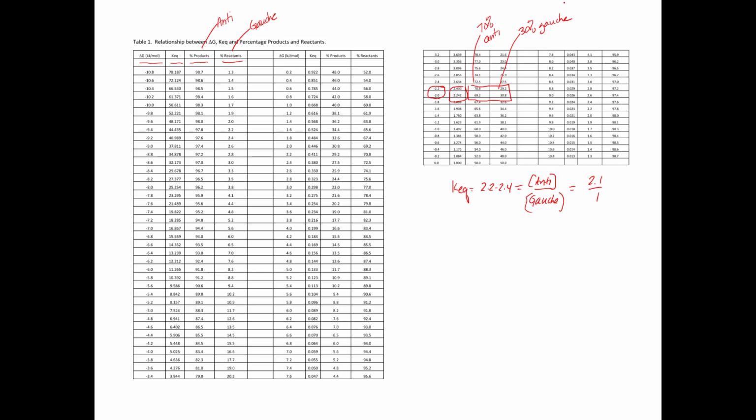So if I had a collection of 100 butane molecules, and I stopped them and counted up how many were anti and how many were gauche, I would end up with 70 anti and 30 gauche. So 70% of butane molecules are in the anti conformation, and 30% would be in gauche.